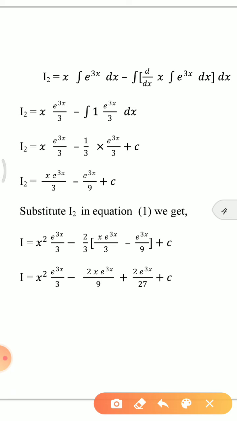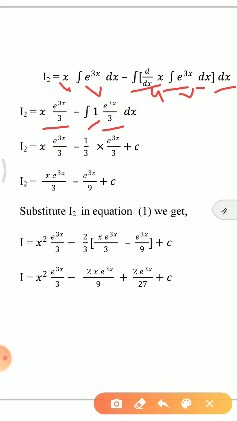Again we have to apply the u into v rule. This is u, this is v. Let us see here, I2 is equal to x into integral e raised to 3x dx minus integral, derivative of x into integral e raised to 3x dx, bracket complete, whole dx here. Then I2 is equal to this x as it is, integration of e raised to 3x is e raised to 3x upon 3, minus derivative of x is 1, integration of e raised to 3x is e raised to 3x upon 3 dx here.